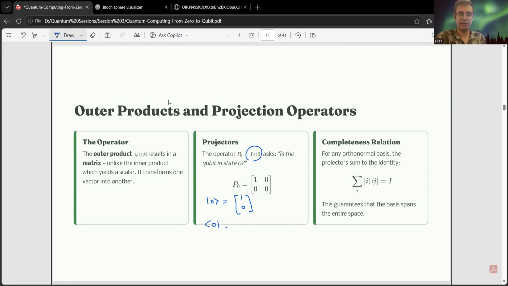So 0 is going to be equal to 1 and 0. Now if I multiply these two together, it's going to be the column (1, 0) multiplied by the row (1, 0). So the result: 1 by 1 is 1, 1 by 0 is 0, 0 by 1 is 0, 0 by 0 is 0. So this is the outer product of these two qubits.